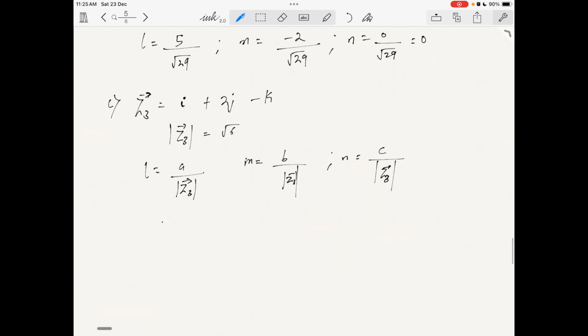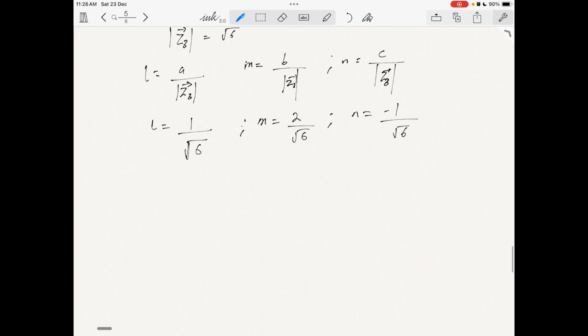This means that a is 1, b is 2, and c is minus 1. So l is 1 divided by root 6, m is 2 divided by root 6, and n is equal to minus 1 divided by root 6.